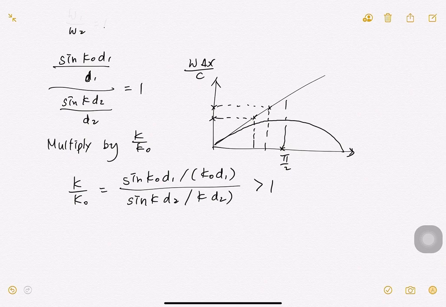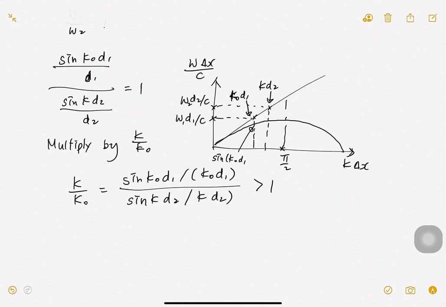The first one is omega d2 over c, and then omega d1 over c. And then this one is representing the wave with k d2 and then k naught d1. And this value is sine k naught d1.